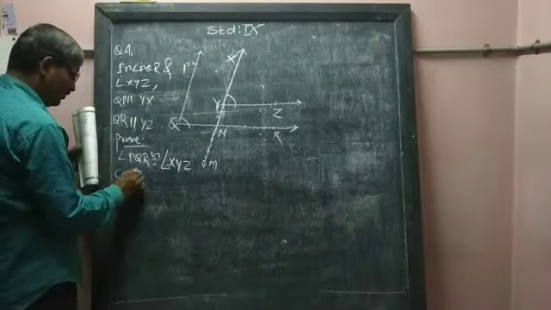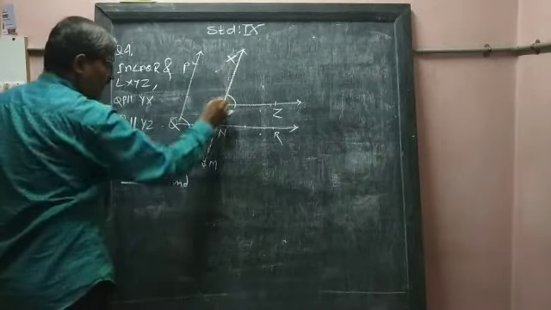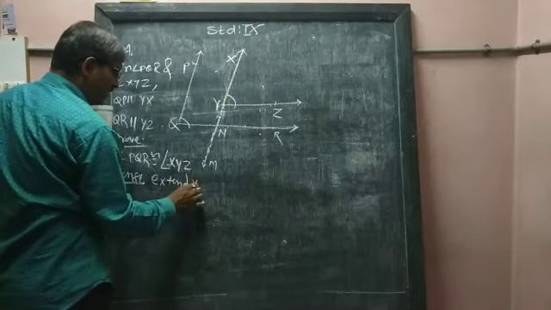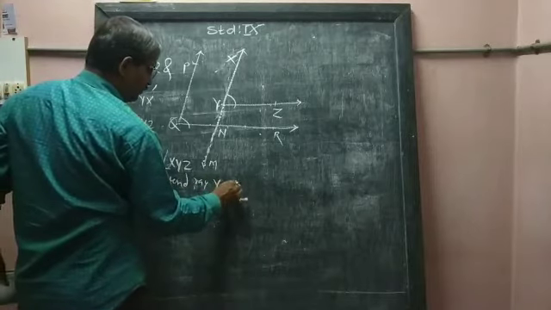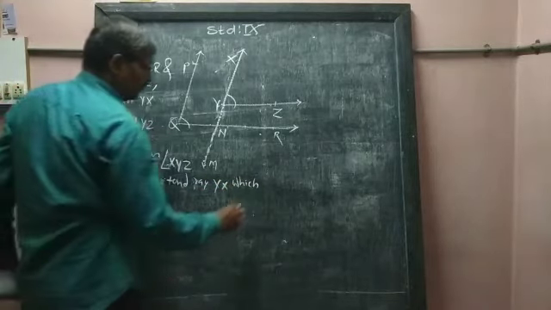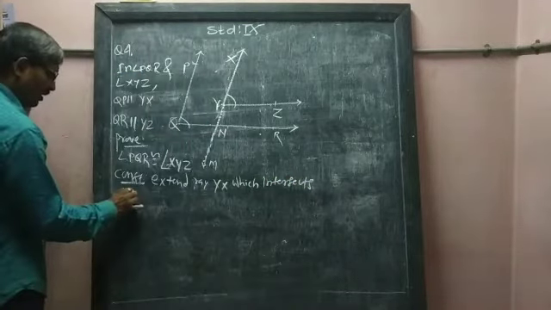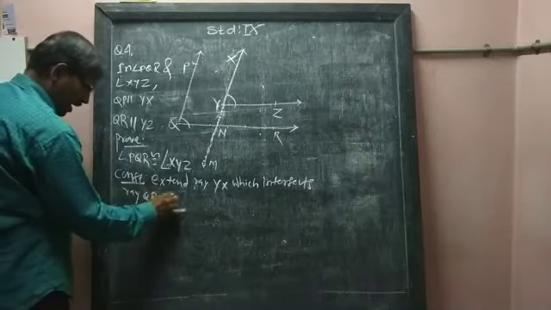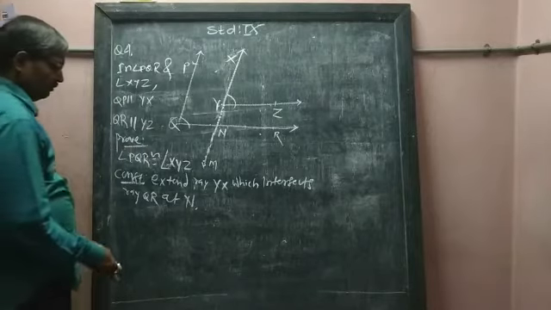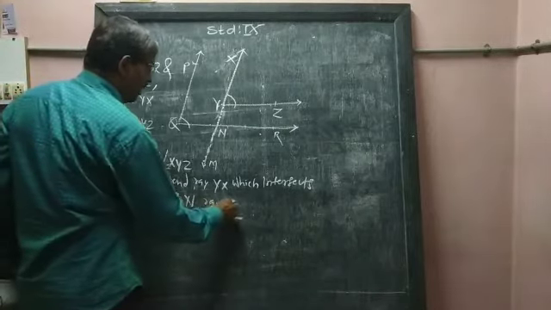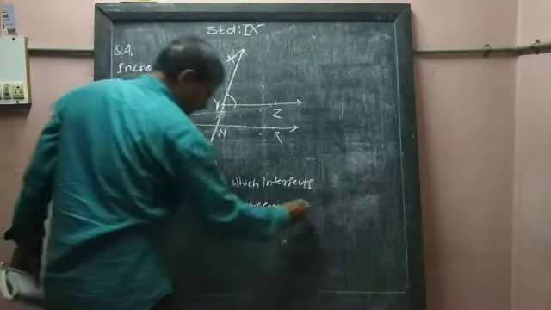Writing construction: extend ray YX which intercepts ray QR at N. So ray XY becomes XM.